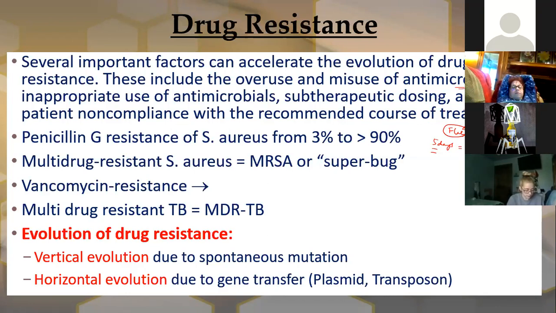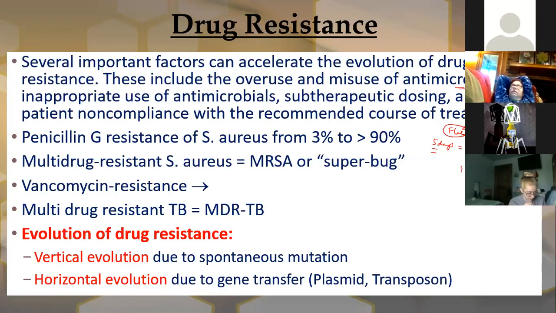Right now, all this 50% dead bacteria, they are going to release their chromosome, and these 50%, they are going to pick up all those plasmid, and they will be resistant to that drug.